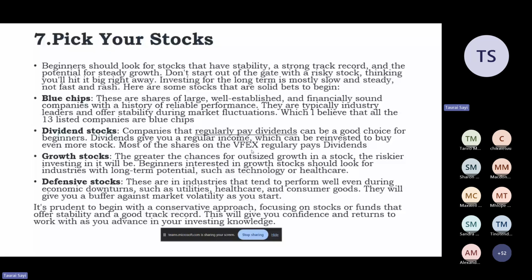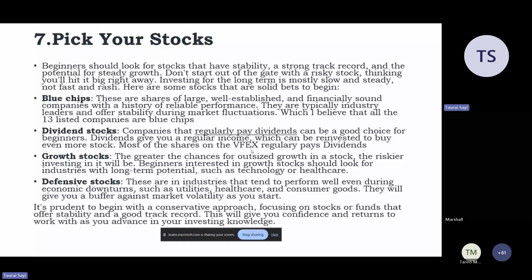Growth stocks: the greater the chance of outsized growth in a stock, the riskier investing in it will be. Beginners interested in growth stocks should look for industries with long-term potential, such as technology or health. Defensive stocks: these are in industries that tend to perform well even during economic downturns, such as utilities, healthcare, and consumer goods.